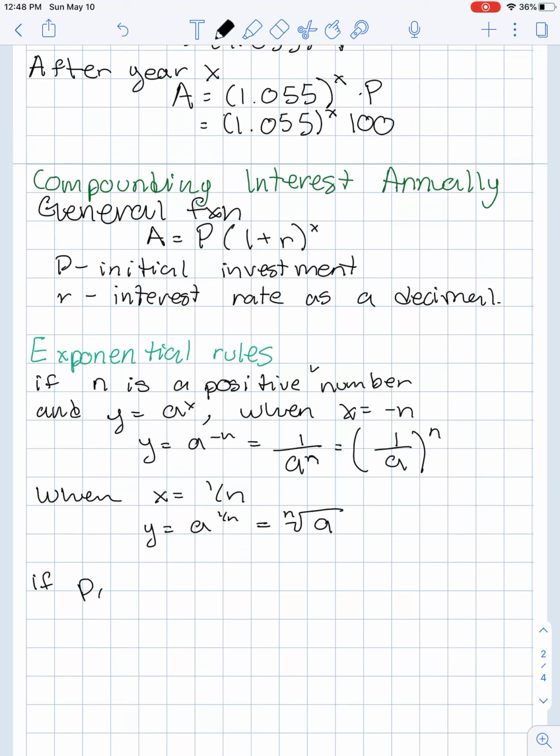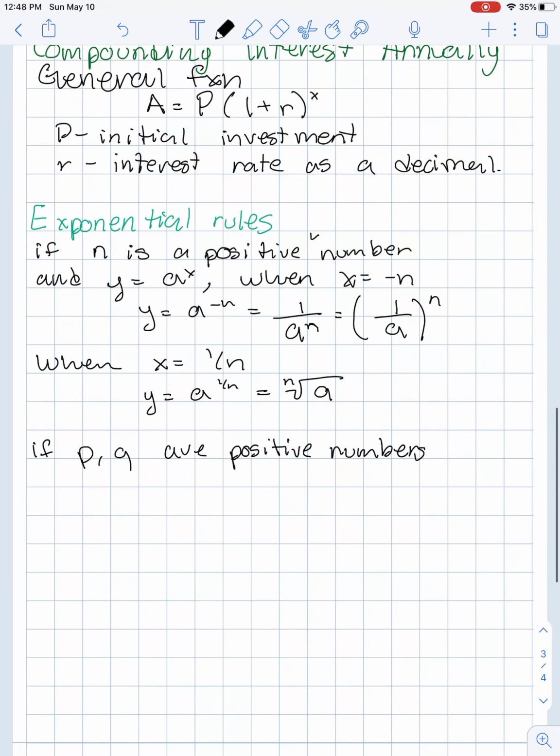So if p and q are positive numbers, and x equals p divided by q, we'll have y equal to a to the p divided by q.